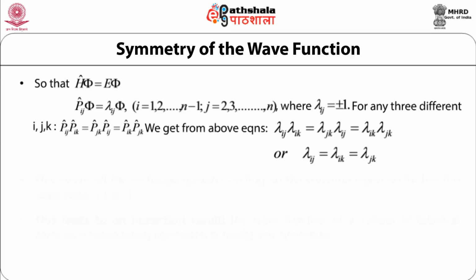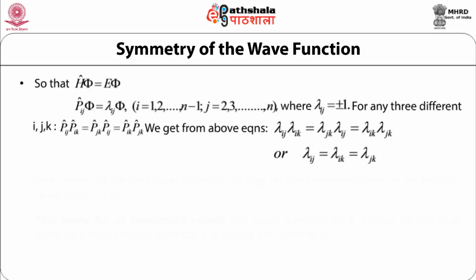And for any three different values i, j, k, the permutation operator P_ij acting on the permutation operator P_ik is equal to permutation operator P_jk acting on permutation operator P_ij, and this is equal to permutation operator P_ik acting on permutation operator P_jk.